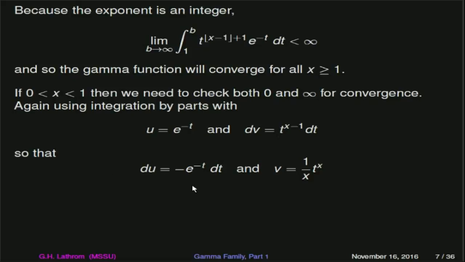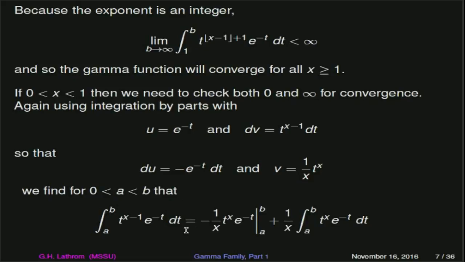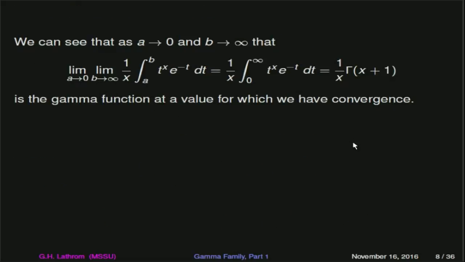Doing our integration by parts from a up to b, we get an expression that looks like this. Now we can see in the case where a goes to 0 and b goes to infinity that our integral, 1 over x of the integral from a to b of t to the x e to the negative t dt, will be our gamma function evaluated at x plus 1 times 1 over x.